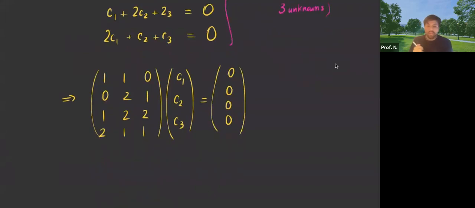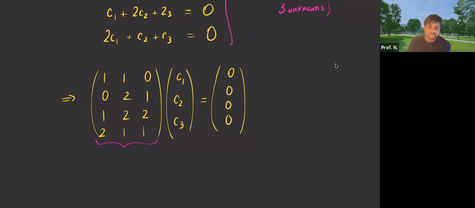Now, this is a scenario where you cannot determine whether or not C1, C2, C3 are only the 0 values just by applying the determinant, because the determinant of a non-square matrix is not possible. This is a non-square matrix because the number of rows does not equal the number of columns. So we can't apply the determinant here.